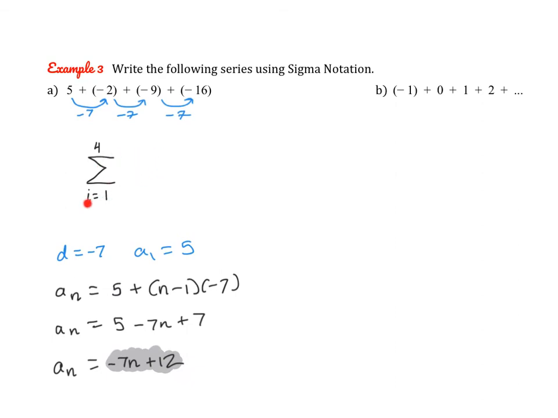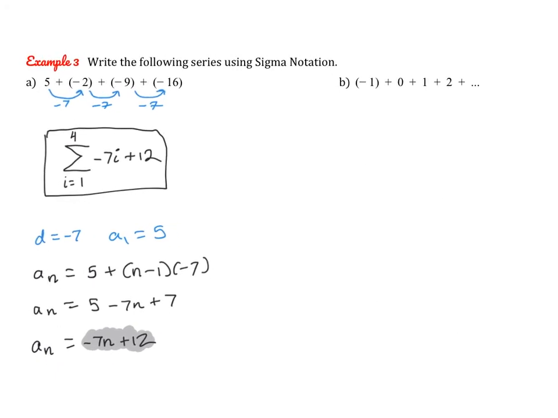However, since we're using the variable i, that's what we'll use when we write it: negative 7i plus 12. So this is just saying to use this sequence, and they would like the sum of the first through 4th terms, which is exactly what we see here. All right, let's look at part B.